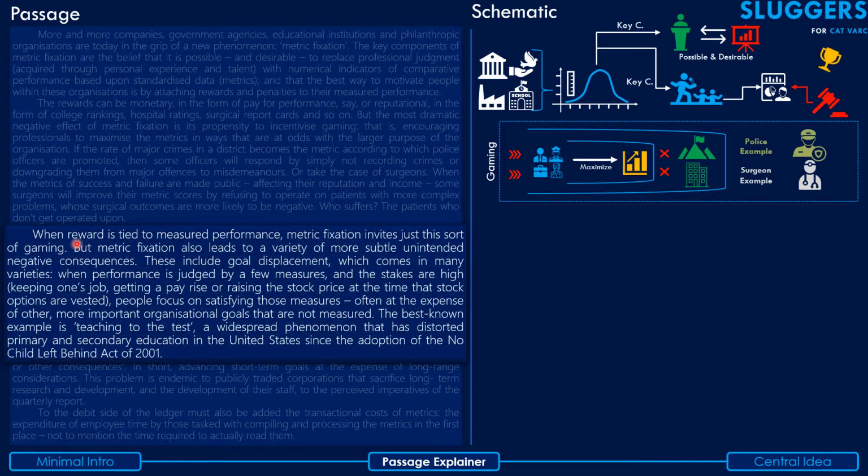Third para. When reward is tied to measured performance, metric fixation just invites this sort of gaming. But metric fixation also leads to a variety of more subtle unintended negative consequences. These include goal displacement, which comes in many varieties.